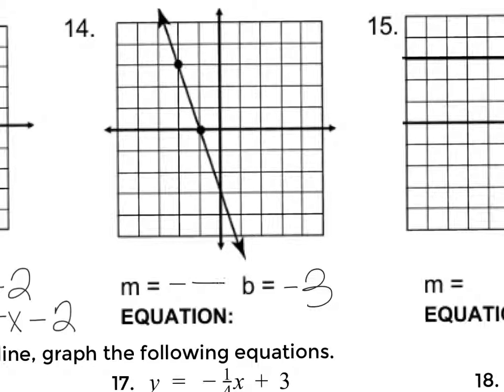It is negative. And let's count. Okay. You went down 3 over 1. Let's write the equation out completely. Y equals mx plus b.